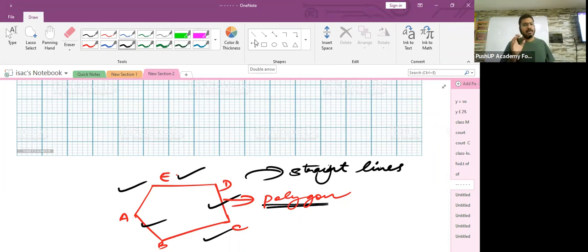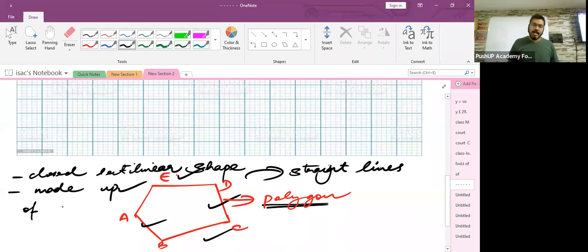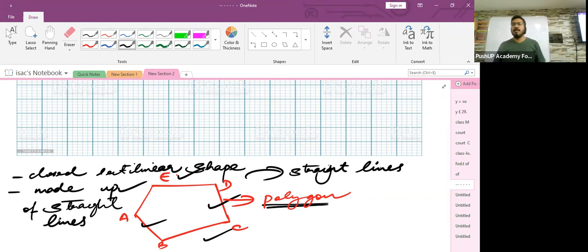So I repeat, what is the meaning of a polygon? It is a closed rectilinear shape which is made up of straight lines. I hope I am clear. This is the meaning of a polygon.